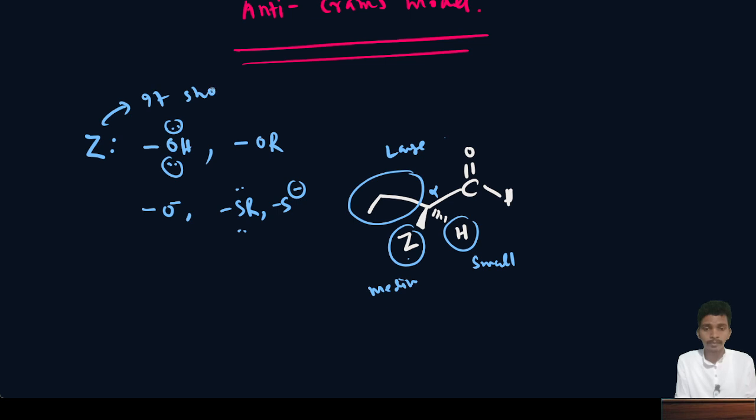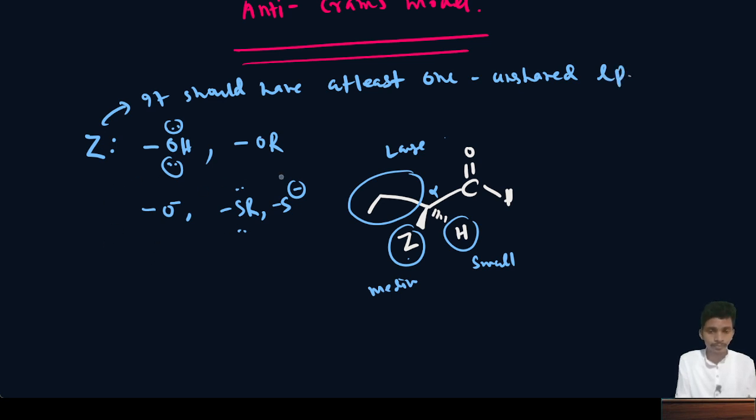It may also be NH2 or NR2, where one unshared lone pair is there. So if any group has at least one unshared lone pair, in that case this Cram's chelate model is applicable.